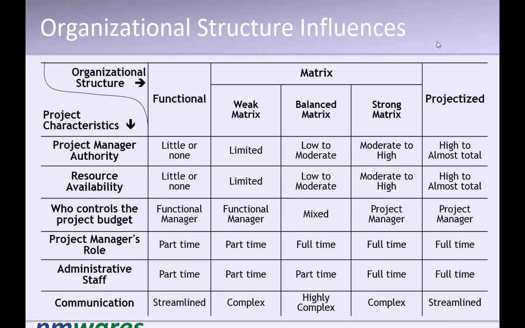Their appraisal, career growth, etc., are done by the functional manager. What is the functional manager's job? The functional manager's job is to build expertise. That person's job is to build the technical skills of these resources and provide technical consultancy to these projects at a higher level.